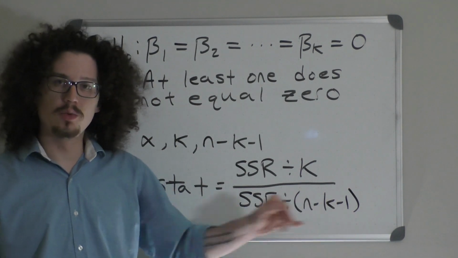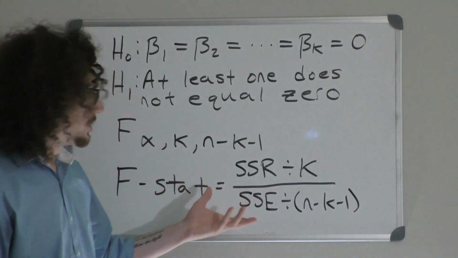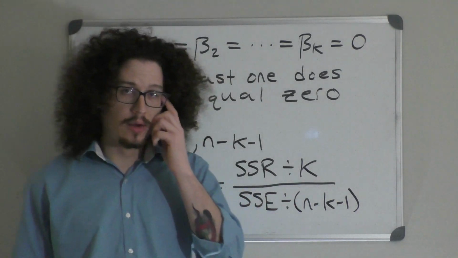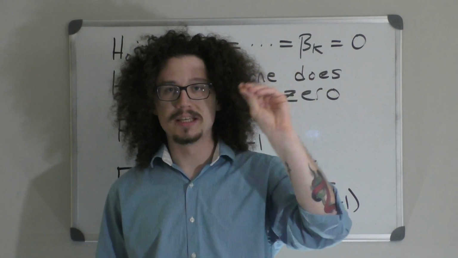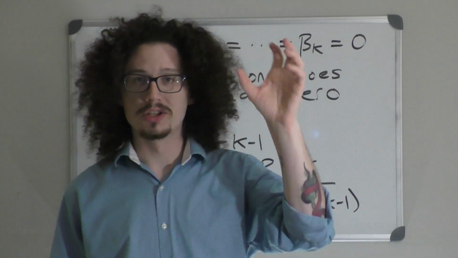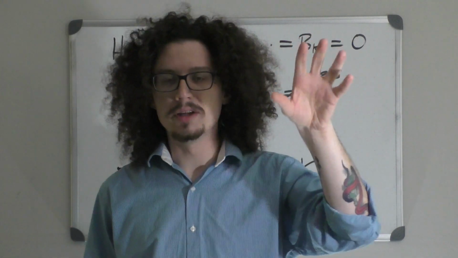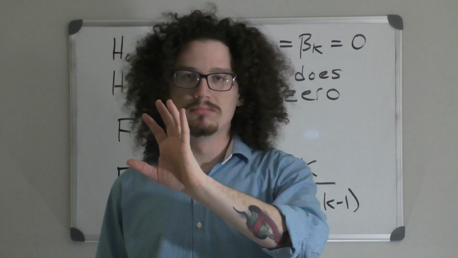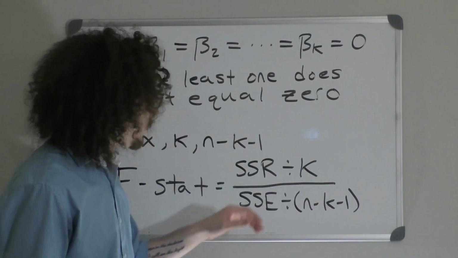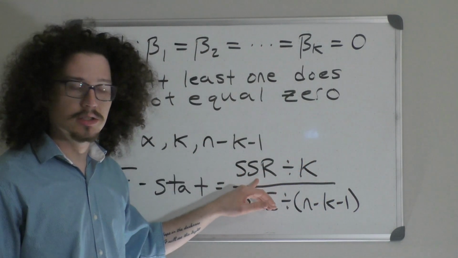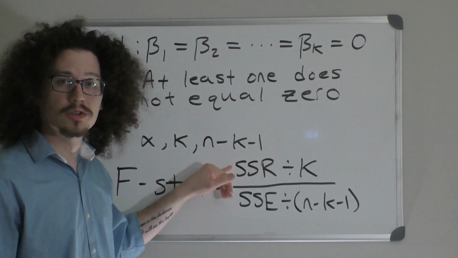And our denominator is the sum of squared errors divided by n minus k minus 1. Again, this should look somewhat familiar. Our test statistic when we were doing ANOVA was MST over MSE, so our sum of squares treatment divided by its degrees of freedom, which is k minus 1.